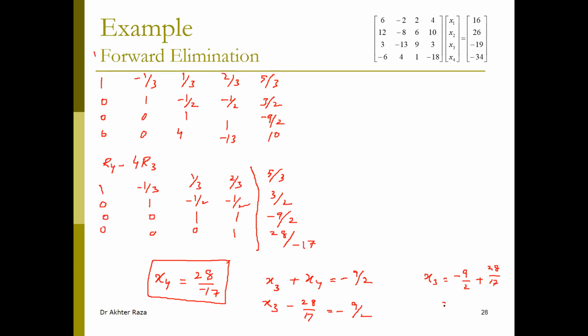So 17 multiplied by 2 will be the LCM, 34. 9 multiplied by 17, how much is it? 9 multiplied by 17 plus 28 multiplied by 2. It is 56. So what is the value of x3? Can you tell me the value of x3?